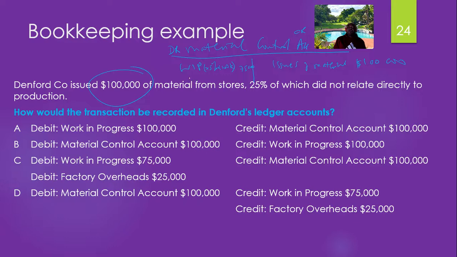And then the other non-production usage is considered as factory overhead, that's 25,000. All in all, we're going to have 100,000 because the total should be 100,000 on both sides. So you can see that our answer there should be C.